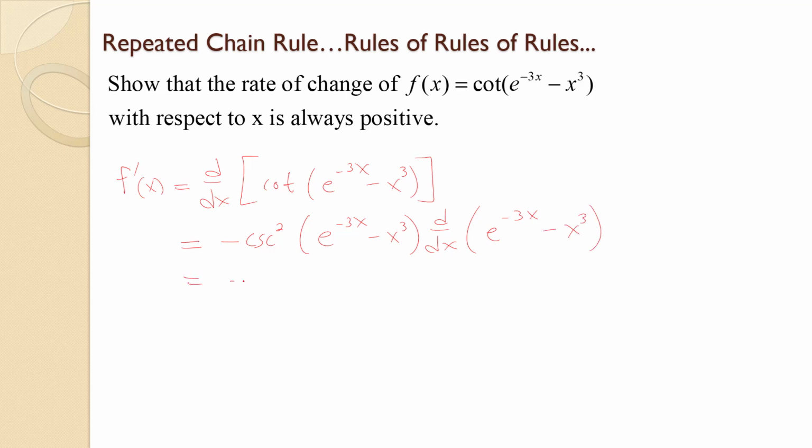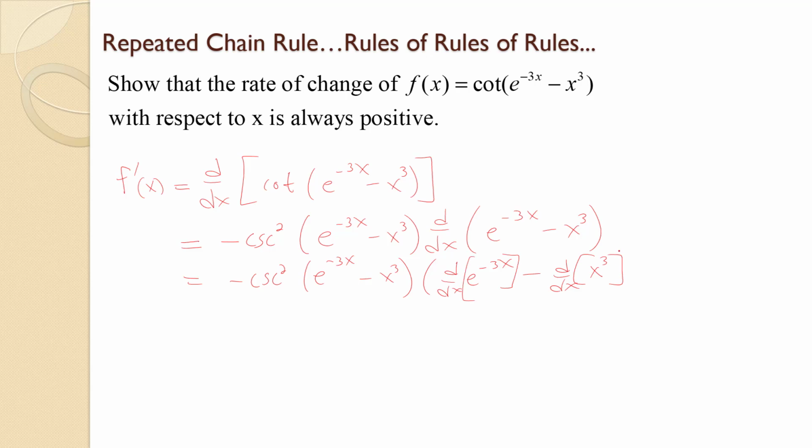But that now is a derivative of a sum or a difference. So then the derivative operator will then distribute through those pieces. So I then have the derivative of e to the negative 3x minus the derivative of x cubed.